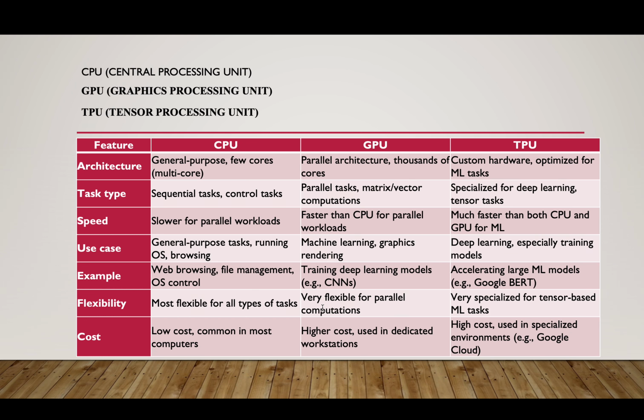How exactly does it work? Deep learning and machine learning: training and inference of neural networks often require massive amounts of computation, and GPUs handle these tasks efficiently by processing multiple data points simultaneously.